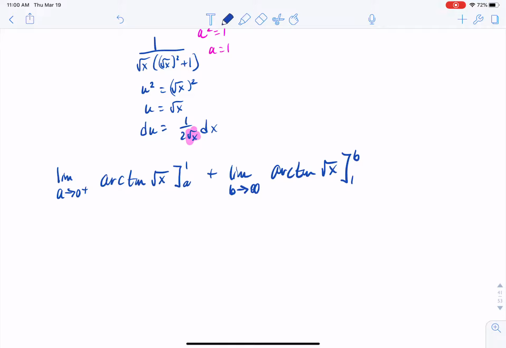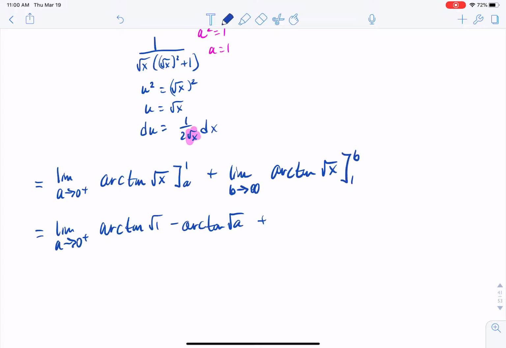Whew! All right. Now, assuming that we got that far, now we're ready to evaluate each of these antiderivatives and take the limits of each part. So I've got the arctangent of the square root of 1 minus the arctangent of the square root of a.